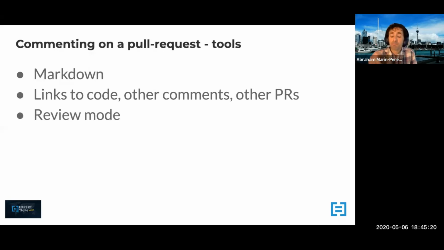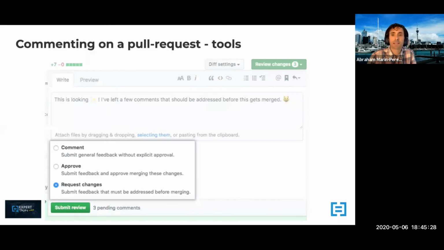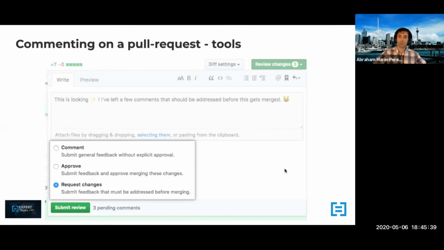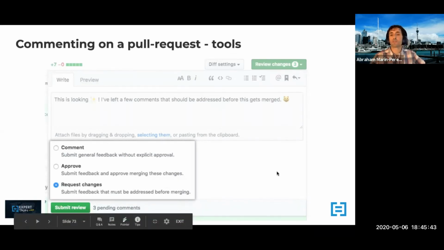And finally, if your tool allows it, not all tools have this, but if your tool does, use the review mode. For instance, GitHub has this thing where you start adding comments, but you can see down here that it says 3 pending comments. Those comments are not visible to the original person until you finally say, yeah, submit the review.